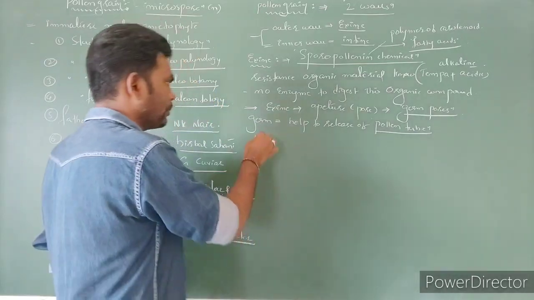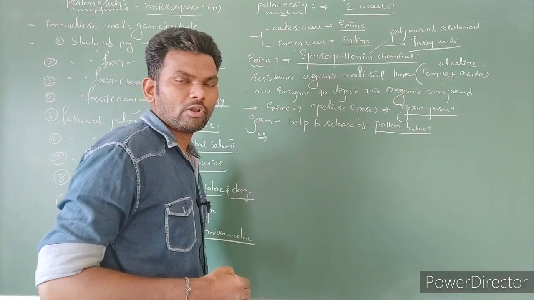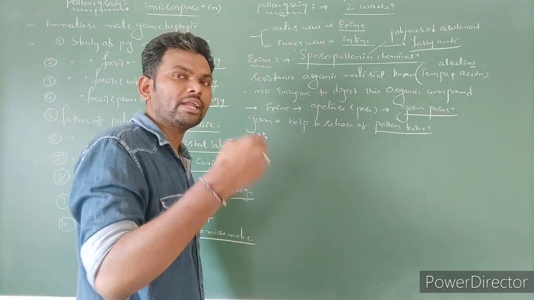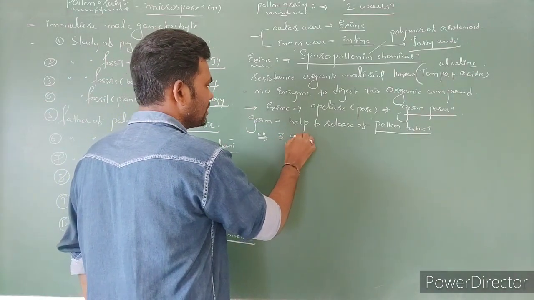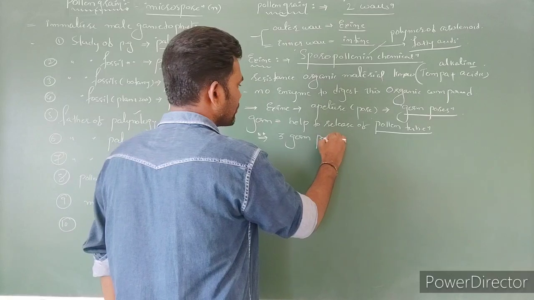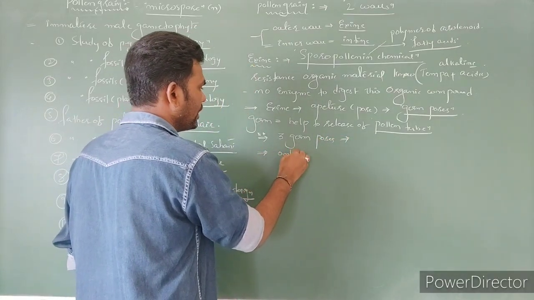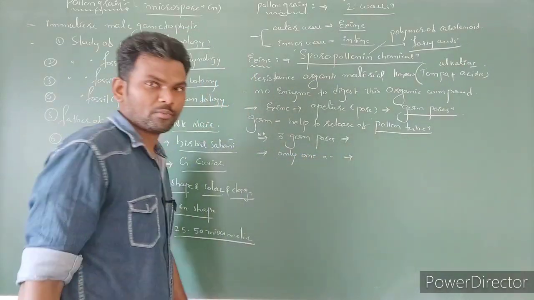Here some important points: the germpore number is not the same in all species. Germpore number differs in different species. Some pollen grains contain 3 germpores, and some contain only 1 germpore.